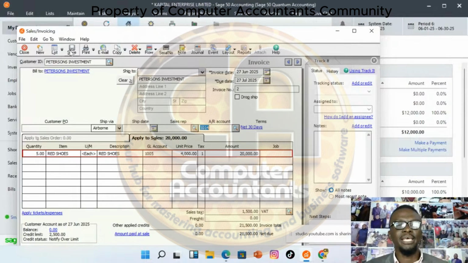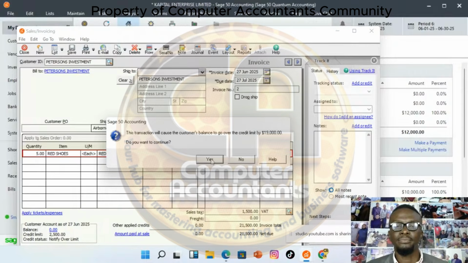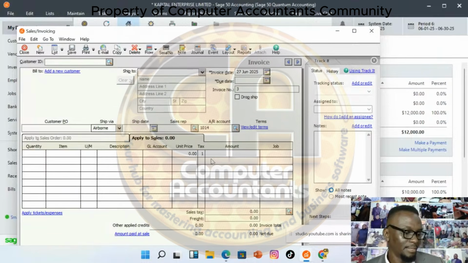Okay, good. So the next one is basically the last one there. Sold 2 body lotions to Billy Body Care Limited at 2005 by cash. It means that Billy Body Care is paying in full. Let me go again.